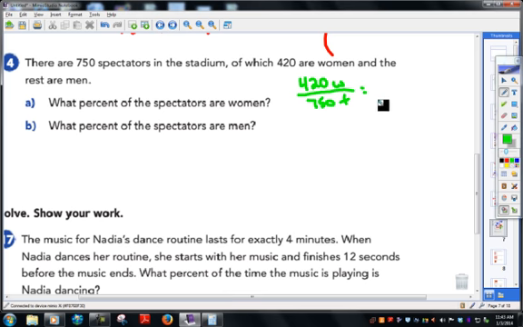Okay, that's 0.56, which equals 56%. So that's the percent of them that are women. Okay, well, if 56% of them are women, then what's the remaining percent? 100 minus 56. It's going to give us 44% of them are men.